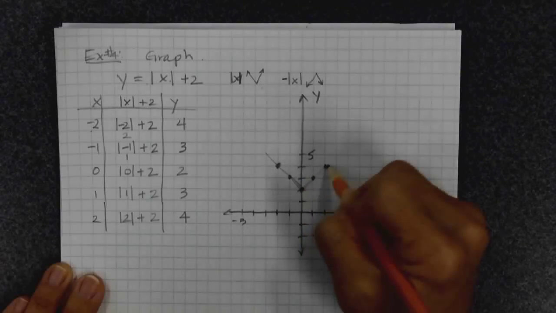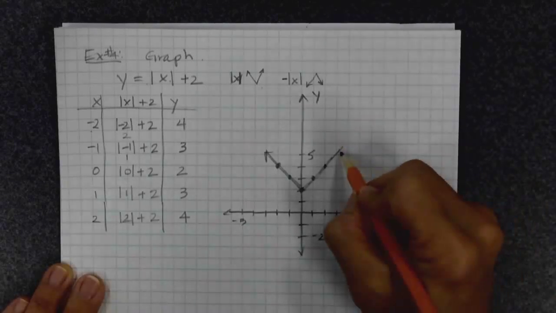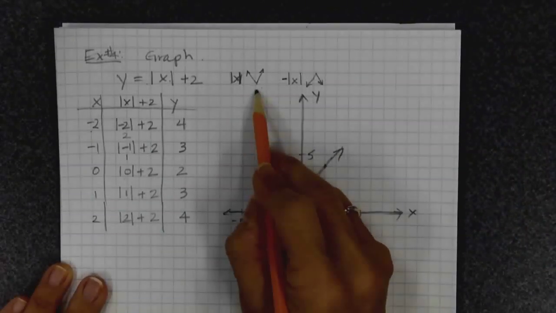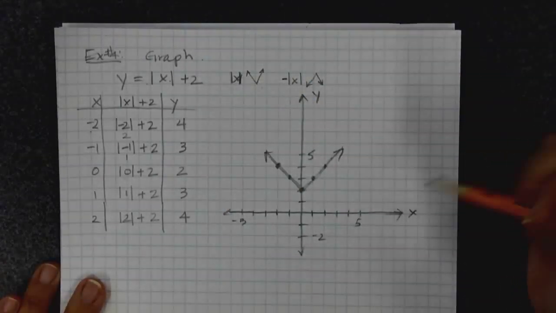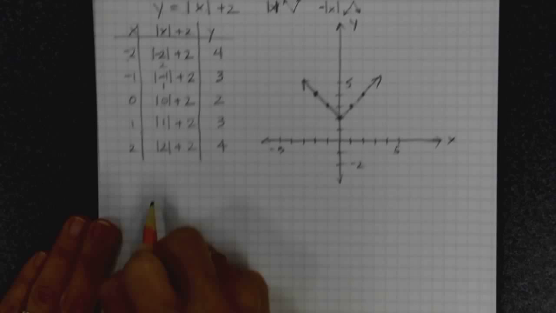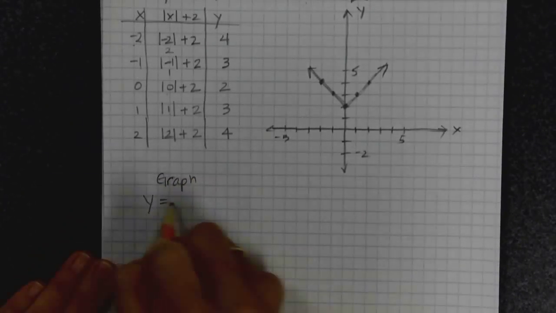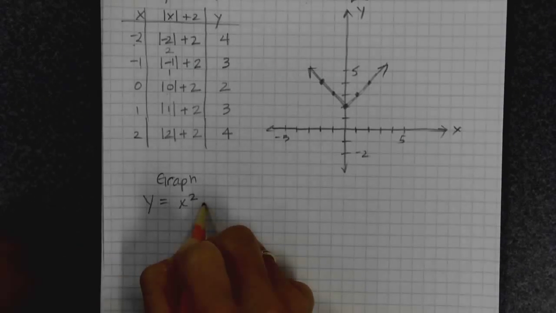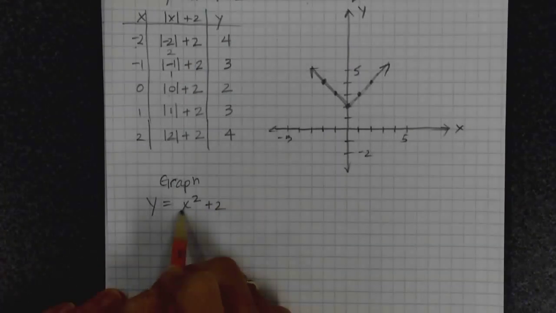And you can see that this creates that V shape that we talked about for absolute value functions right here. So remember, when it's an absolute value, the graph should be a V shape. The last thing we're going to graph is y equals x squared plus 2.